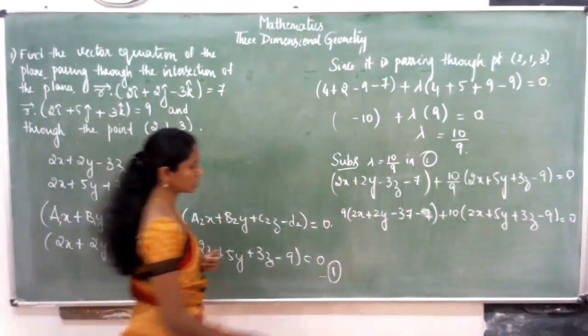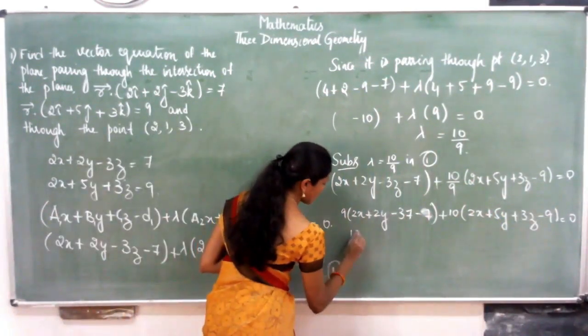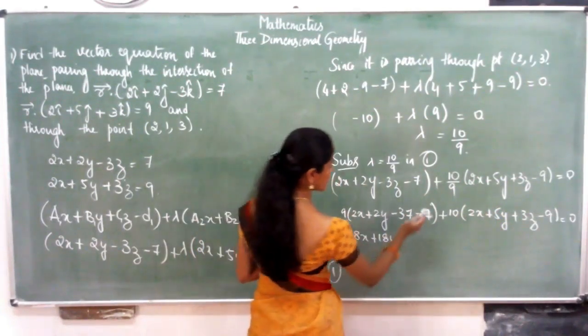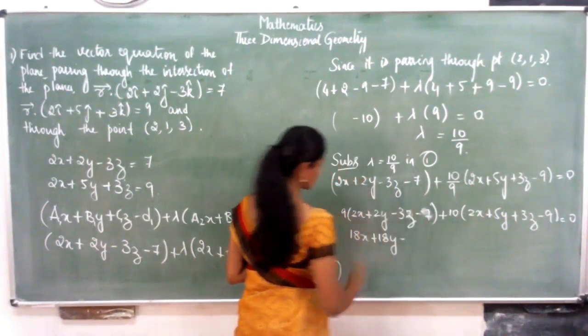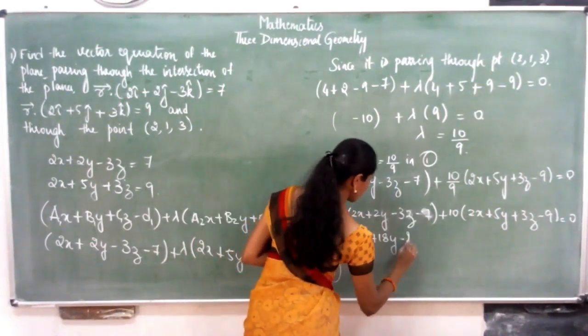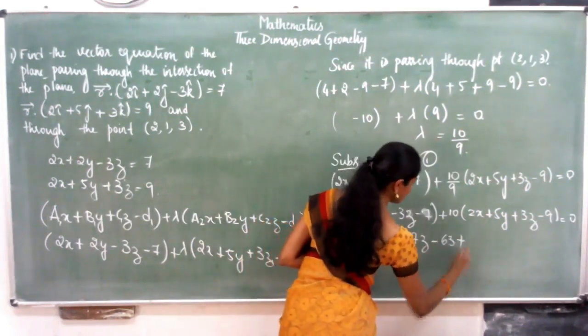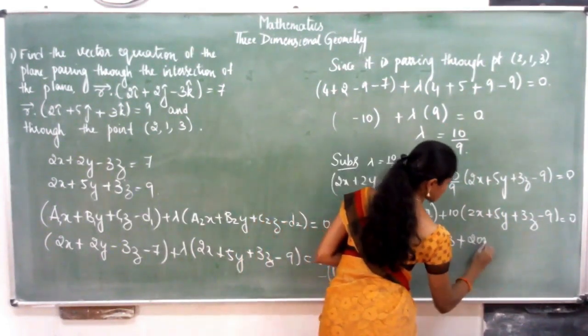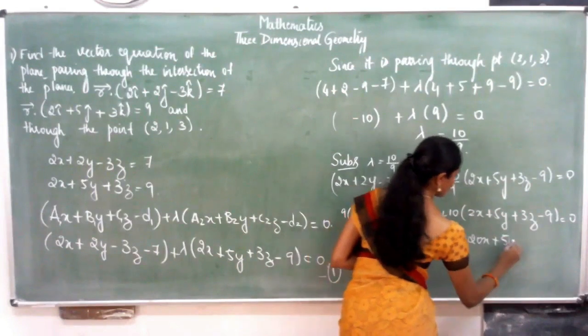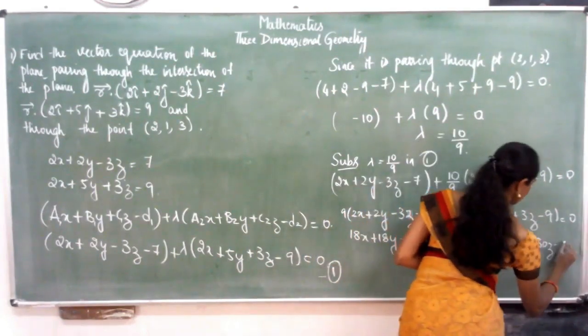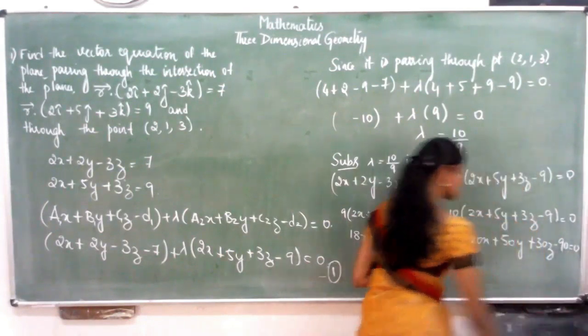So multiplying this, you'll get 18x plus 18y minus 27z minus 63 plus 20x plus 50y plus 30z minus 90 is equal to 0.